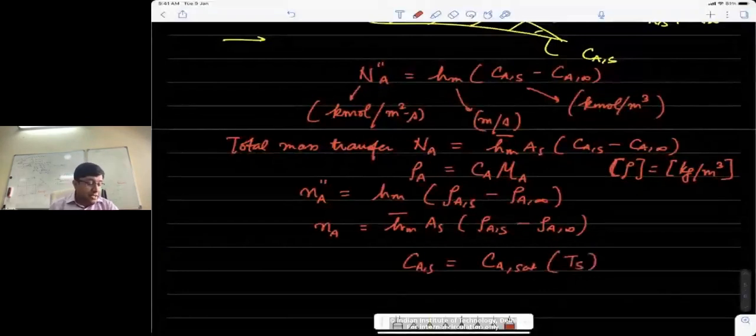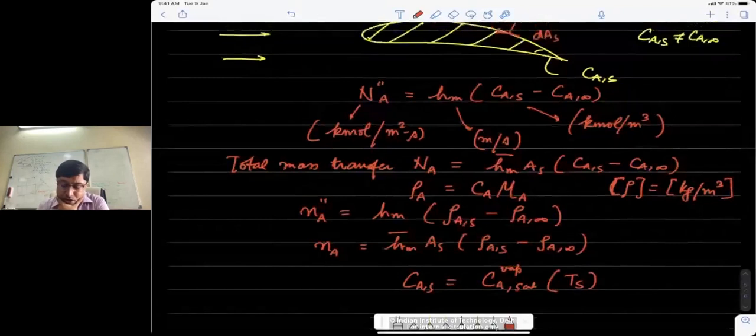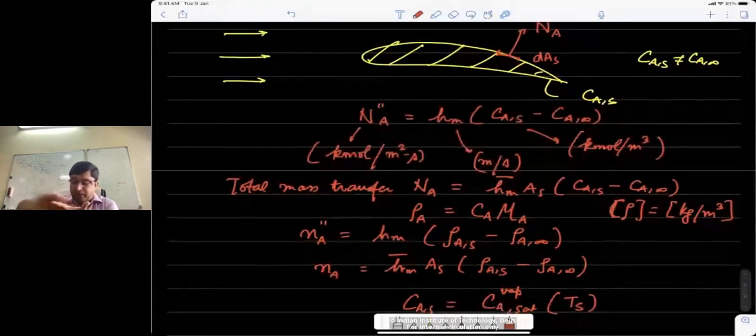That would be typically how we will specify, and I should say vapor phase, by the way. I should also be very careful here that we're talking of vapor phase, not liquid phase. The concentration in the vapor phase corresponding to this temperature Ts. So you can imagine if you're dealing with, let's say, evaporation of water, maybe you have flow of air over a pond where there is water.